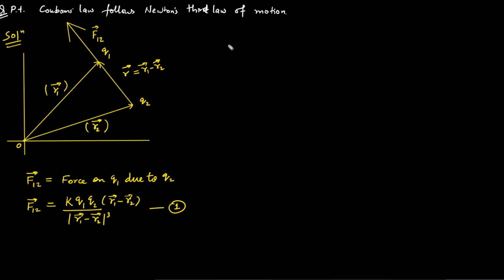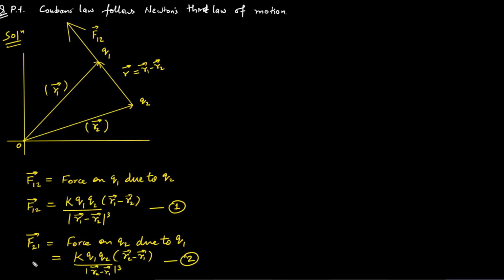Now same way, if I say F of 2, 1, meaning force on Q2 due to Q1, it can be written as K times Q1 Q2 then R2 minus R1 vector divided by modulus of R2 minus R1 vector cube.